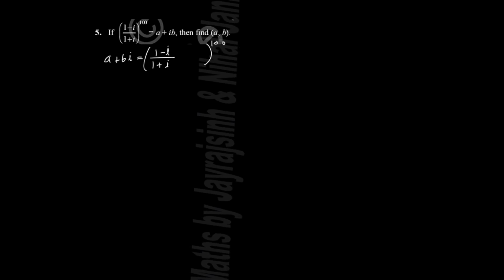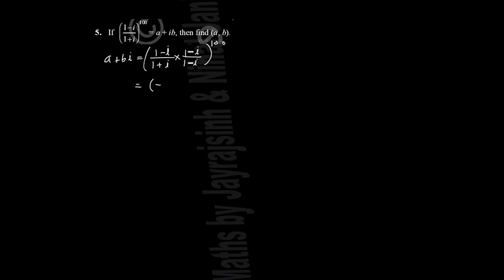Question number 5, we have to find a and b. It is given that a plus bi is equal to (1 minus i upon 1 plus i) raised to 100. This looks familiar, so we work on the left side. What will we do?